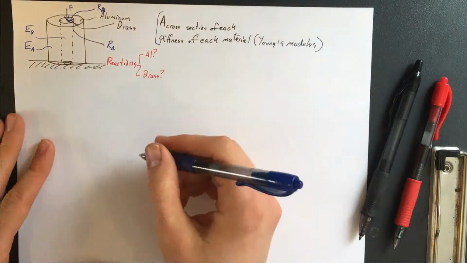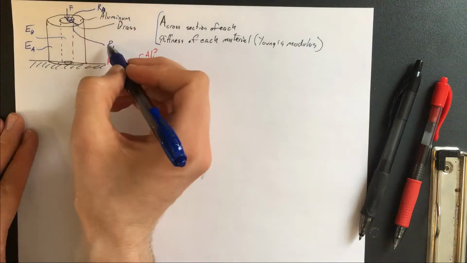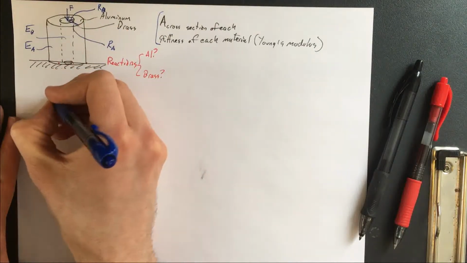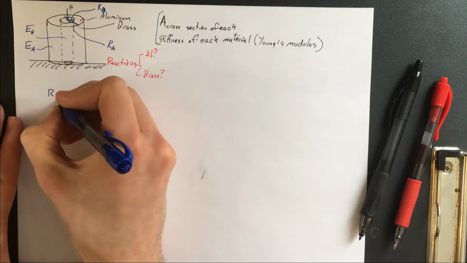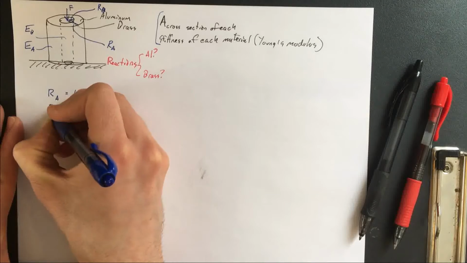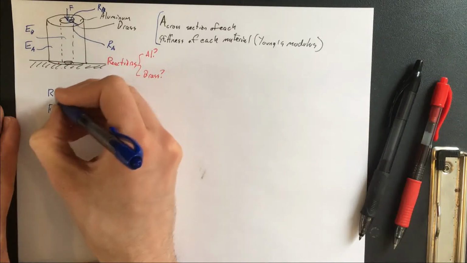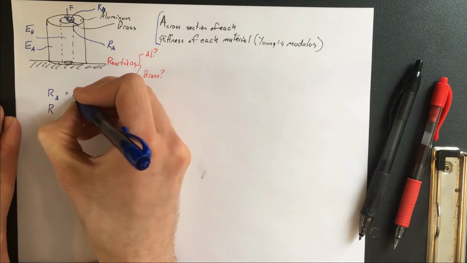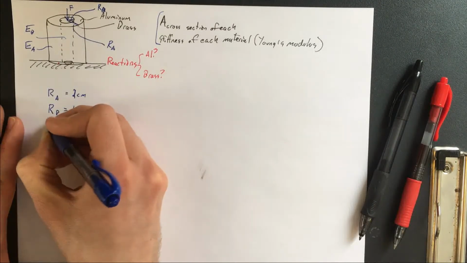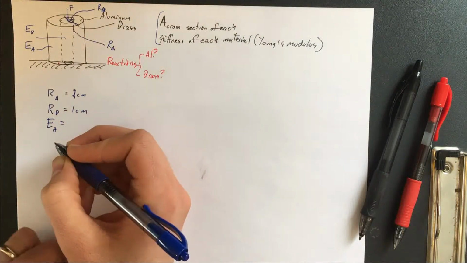So what are these material properties, and what is the system geometry? Let's just give ourselves some numbers to work with. Let's say the radius of the aluminum is 2 centimeters. Let's say the radius of the brass is 1 centimeter. The stiffness of aluminum is something you could look up on the internet or in a textbook.